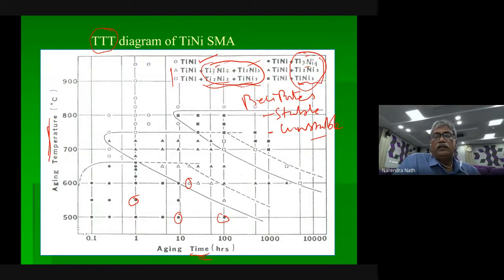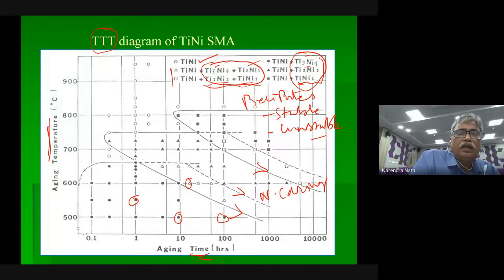This is actually natural cooling. You see all these are natural cooling. But suppose at this point, around say 680, I want this phase, and the timing is 1 hour.